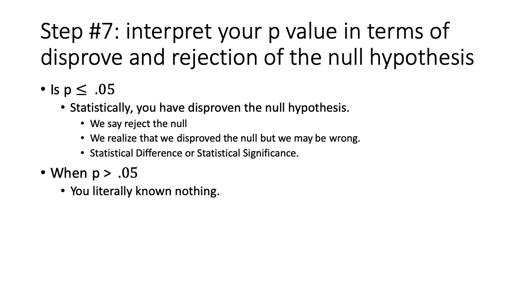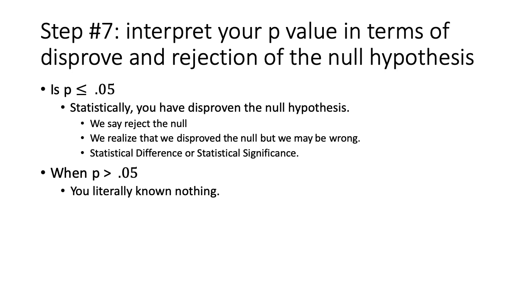The only reason we say reject is because we know there's a probability that when we reject the null hypothesis, we are incorrectly rejecting it. So if we have a p-value of 0.02, we're saying, yes, I believe statistically I've disproven the null hypothesis, but there's a 2% chance that I am wrong and that I'm making an error.